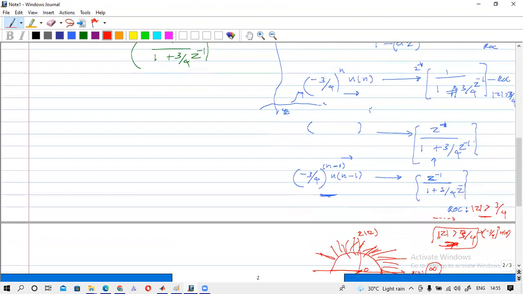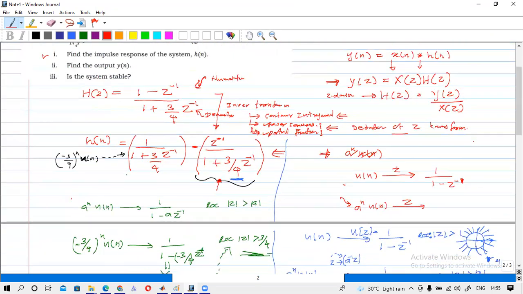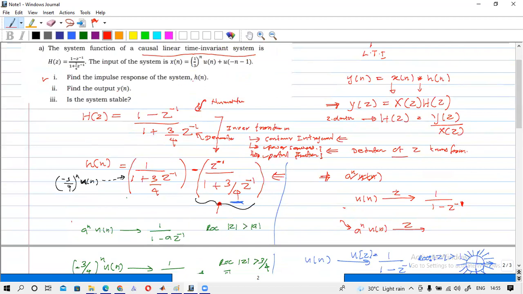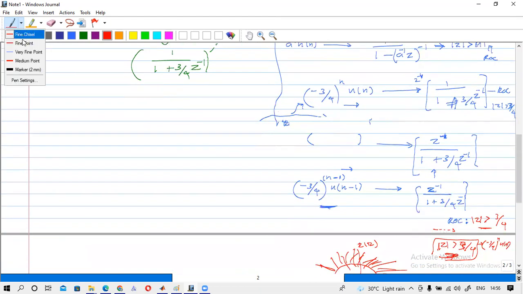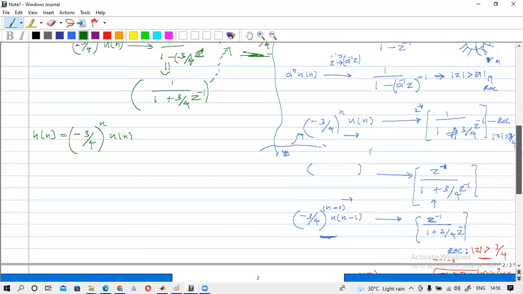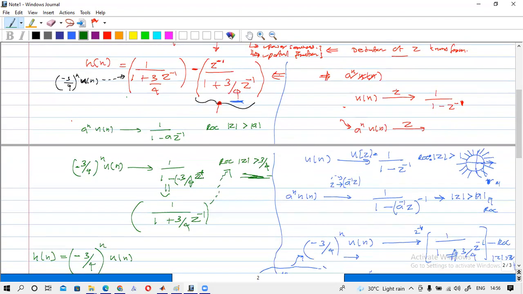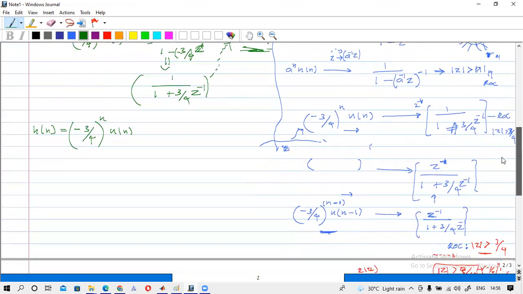Correct. Now I think we have found the impulse response of the system h[n]. We have already found that one. So if I write it, h[n] equals minus 3 by 4 to the power n u[n], and here you have a minus value, and it is again shifted.